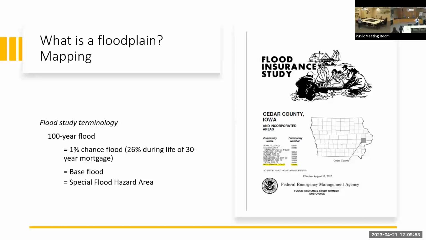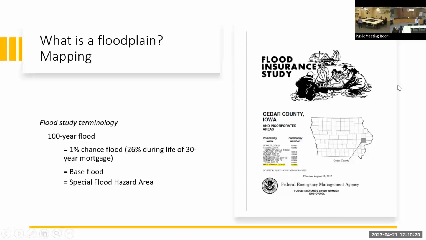Every part of the county, but the 100-year floodplain is where you've got the risk of having a 1% annual chance of having a flood. So you could be in the 1,000-year floodplain. That's not going to be mapped in our flood insurance study, but just so we all know that we're all in a floodplain, it just depends on what level of risk you're at for flooding annually, if you're mapped or not.